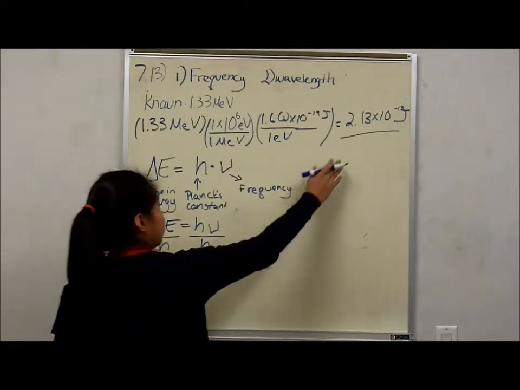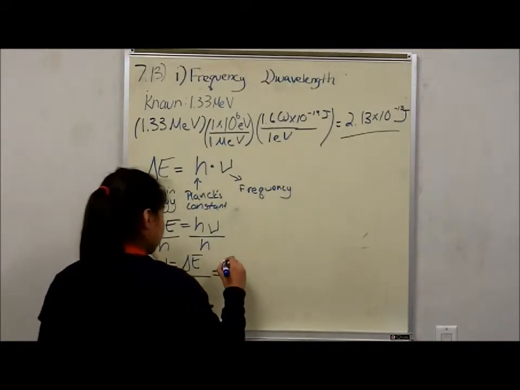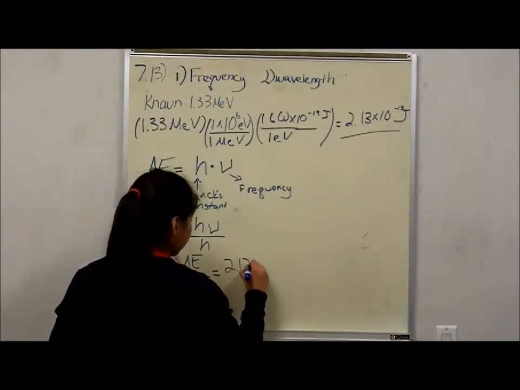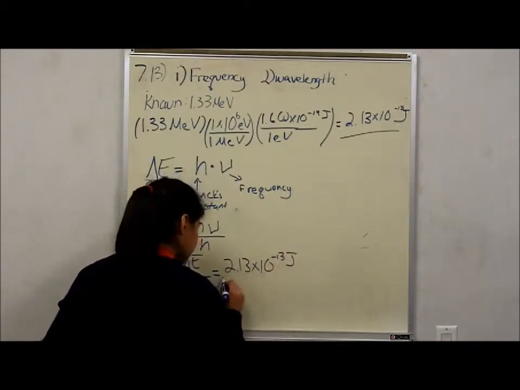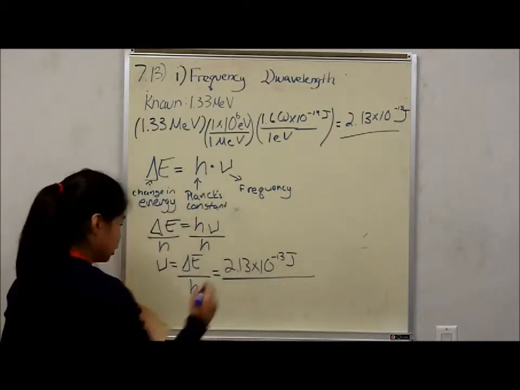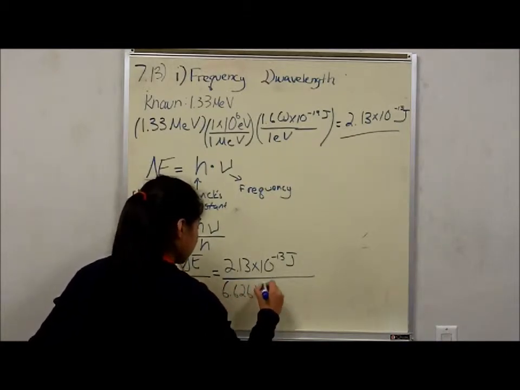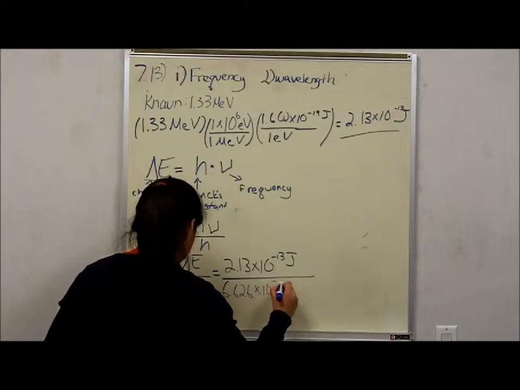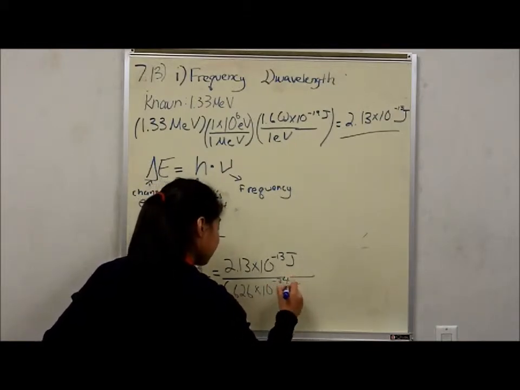You take your energy value, which you found in your conversion, and divide by Planck's constant. So you do 2.13 multiplied by 10 to the negative 13 joules, divided by Planck's constant, which is 6.626 multiplied by 10 to the negative 34 joule seconds.